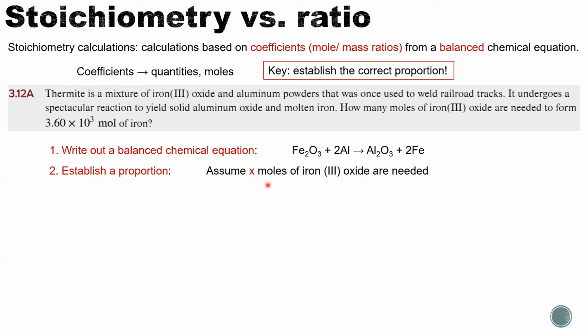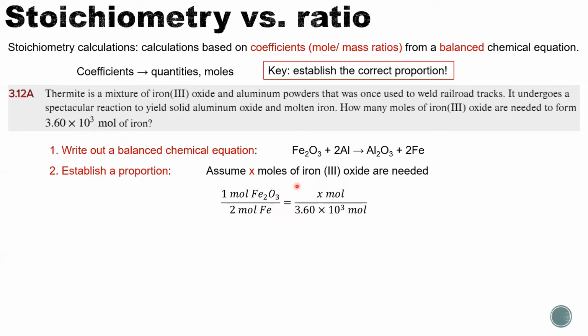Then we can establish a proportion, first based on the chemical equation. 1 mole of Fe2O3 leads to 2 moles of iron, as I listed on the left part of the proportion. On the right, it's in the real world, okay? Now we have X moles of iron 3 oxide consumed, and that leads to 3.6 times 10 to the third moles of iron made.